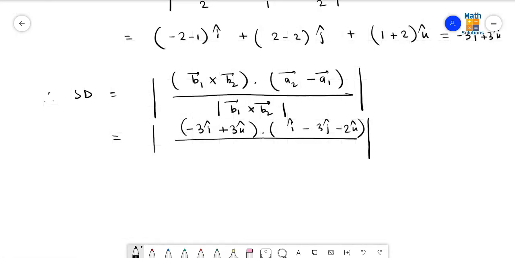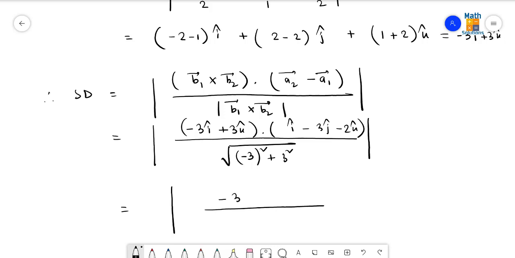Coming to the denominator part, what could be written? Minus 3 whole square plus 0 square, then 3 square. So in the numerator we shall be getting minus 3 then minus 6, and in the denominator we shall get 2 into 9.